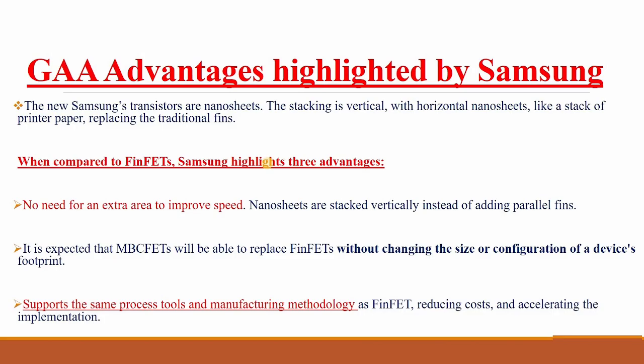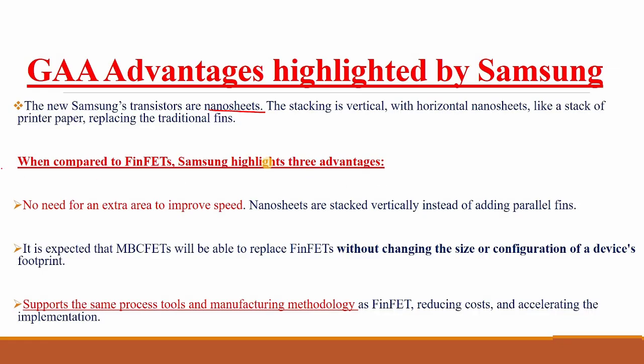So if you look at GAAFET advantages in Samsung's case, they use nanosheets. Samsung transistors are nanosheets stacked vertically, like stacks of printer paper, replacing the traditional fins. Compared to FinFET, Samsung highlights three advantages.